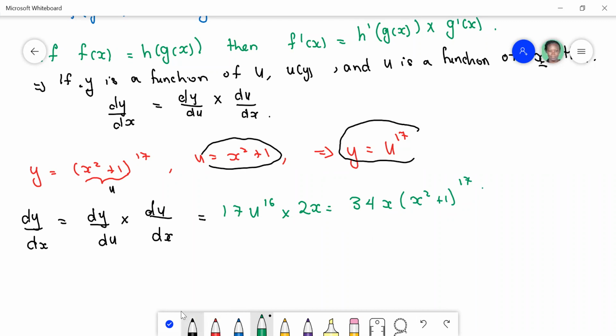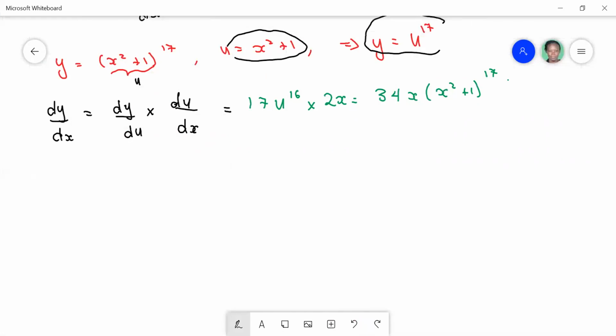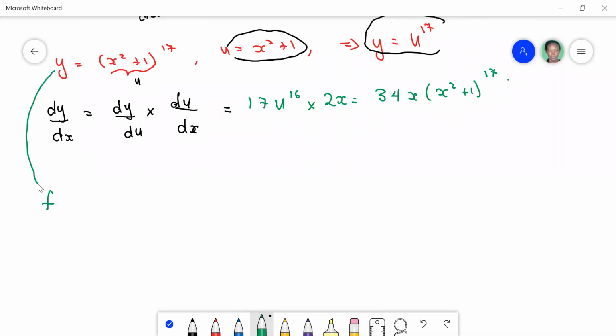All we are doing is, let's say I give you a function f of x, and I ask you to differentiate the function with respect to x. So you are differentiating dy/dx. You realize that for this function, it's not going to be easy to differentiate. Why? Because of the power. The power is too big to do that. You have 17 of that.